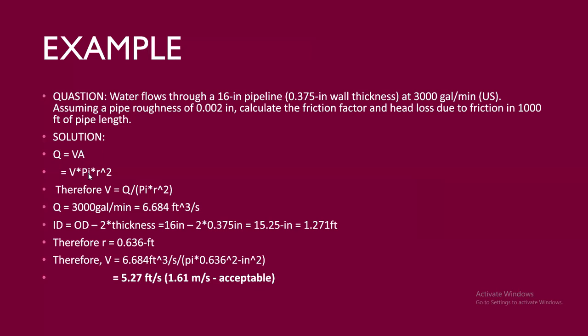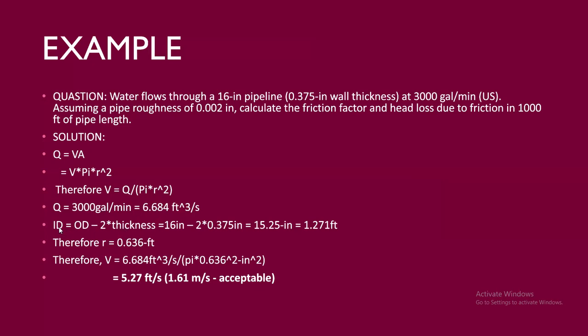Then our area we know is equal to pi r squared. Therefore, our velocity is the volumetric flow rate divided by pi r squared. You want to change our volumetric flow rate from gallons per minute to cubic feet per second. So if you do the calculation, that's what you get.